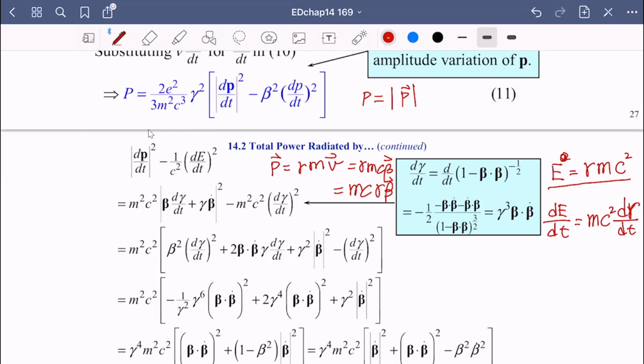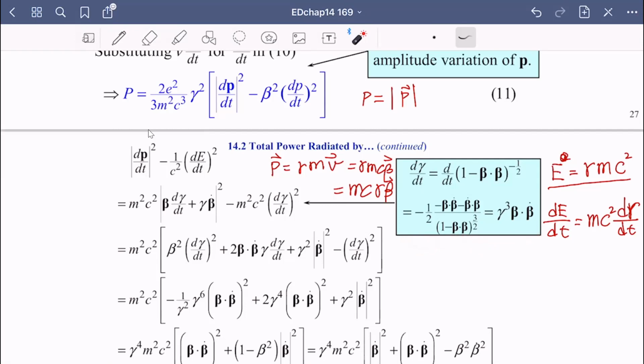Okay, so m squared c to the fourth, but we have another c squared here, so eventually correct. And gamma is related to beta. So we can replace the gamma dt with gamma cubed beta dot. That's relatively simple. So I think you can derive this equation by yourself without any difficulty.